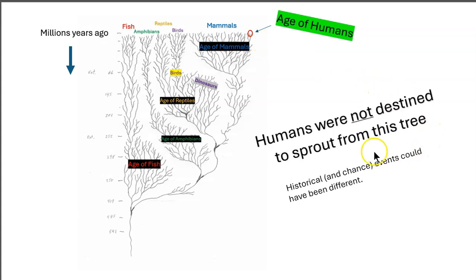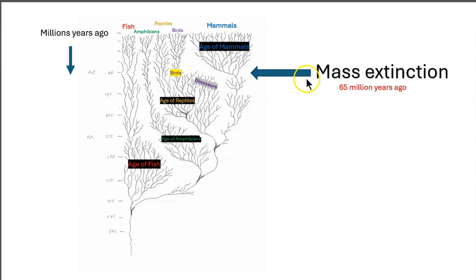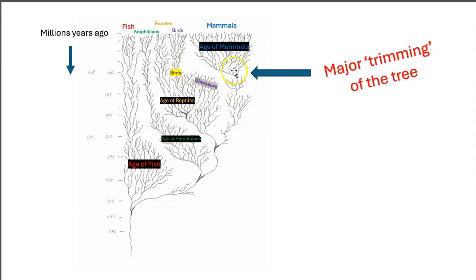But we should note, importantly, that humans were not destined to sprout from this tree. There were historical and chance events that could have been different. Let's reconsider that mass extinction event, the asteroid impact. You'll recall it trimmed the tree. Lots of the dinosaurs went extinct.